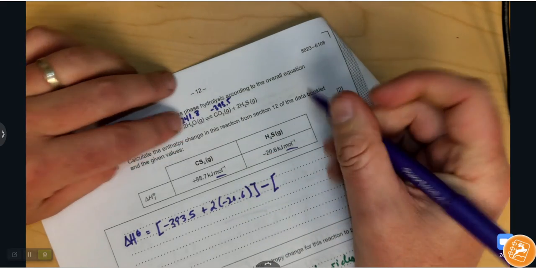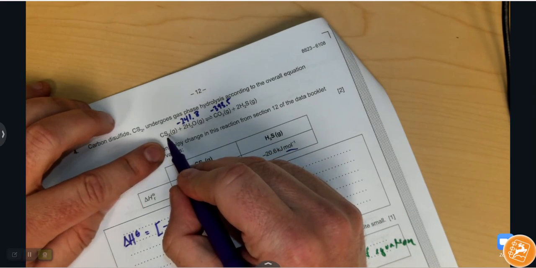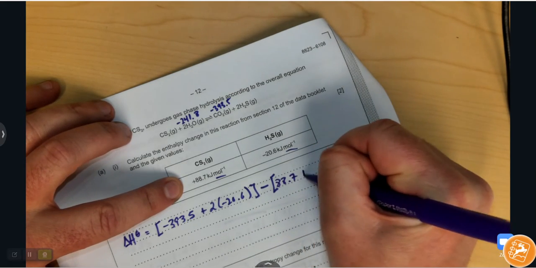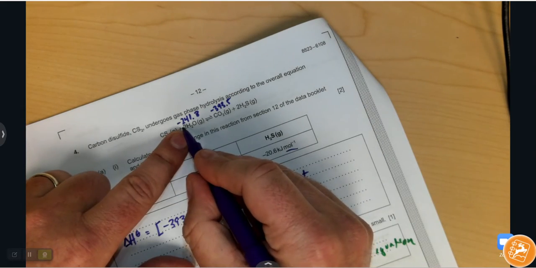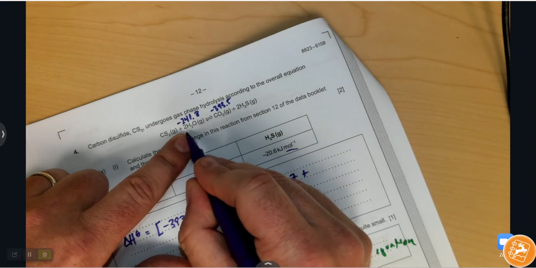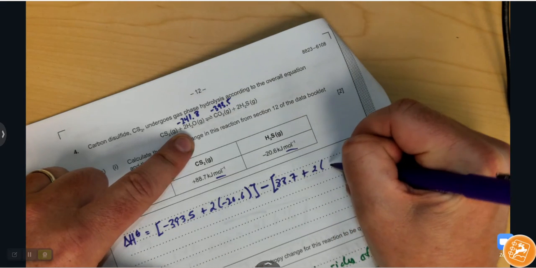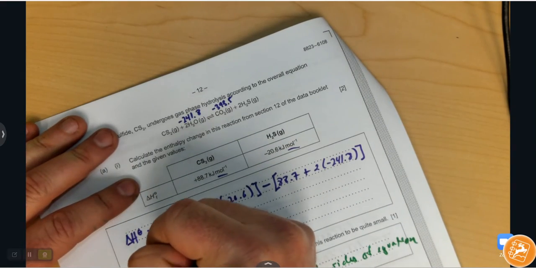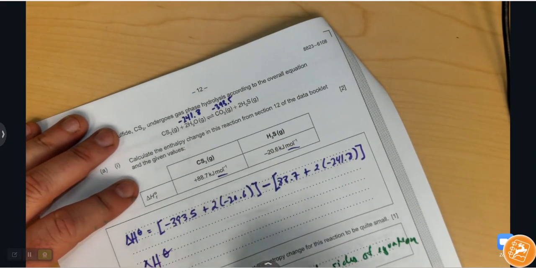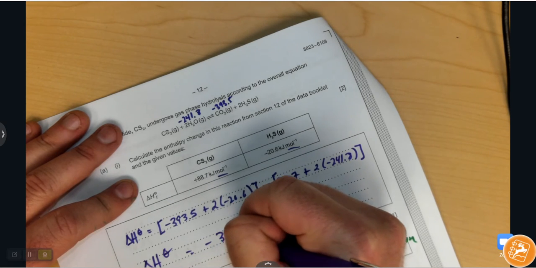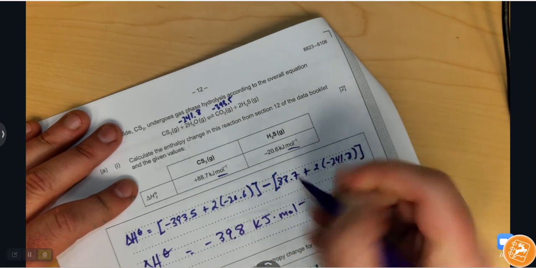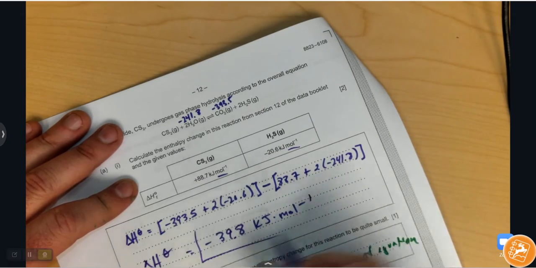I'm then going to subtract the enthalpy of formation of carbon disulfide, which is 88.7, plus that for water, but that 241.8 is for 1 mole, so 2 times negative 241.8. When you do the math there, you get negative 39.8 kilojoules per mole.